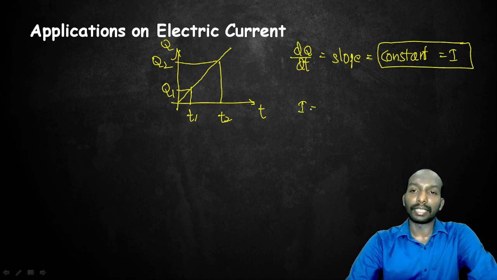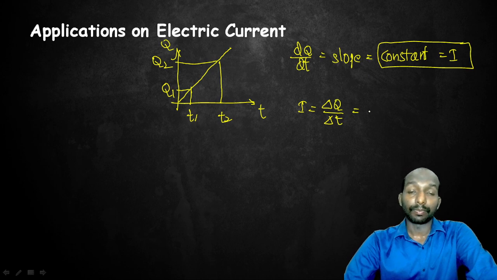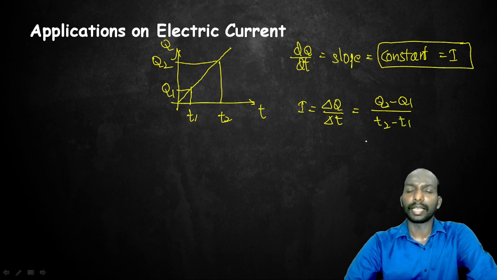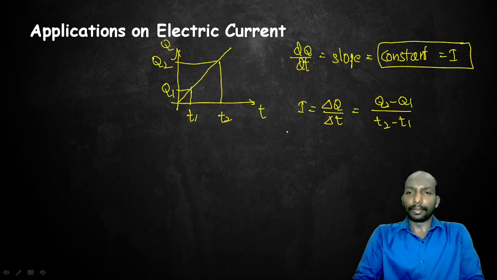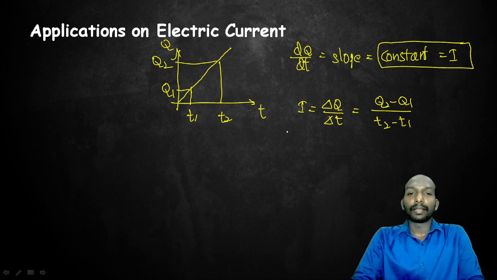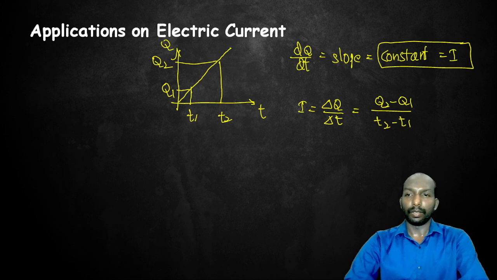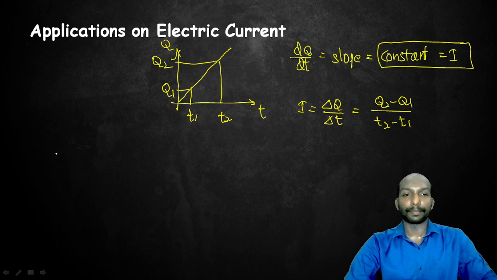For that, current equals delta q by delta t, where delta q is the change in charge crossed between the two instants, that is q2 minus q1, and delta t is the time taken, that is t2 minus t1. By substituting these values, we can get the amount of current. Now one more application we need to see.